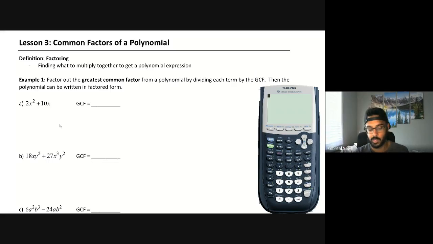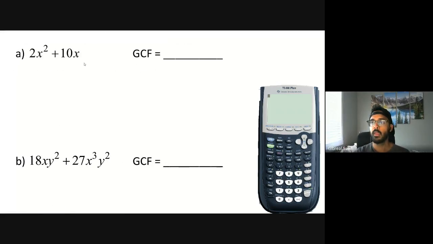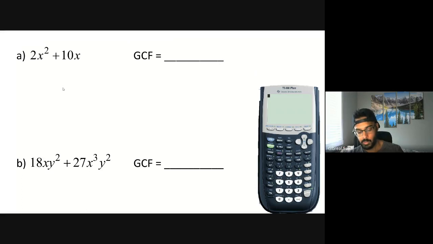If we look at an expression here, like the first one, that polynomial is 2x squared plus 10x. So there has to be a term that's a factor of both terms of that polynomial. Now, if we look at the coefficients of 2 and 10, they have a common number of 5. Okay, so that's going to be part of our greatest common factor.